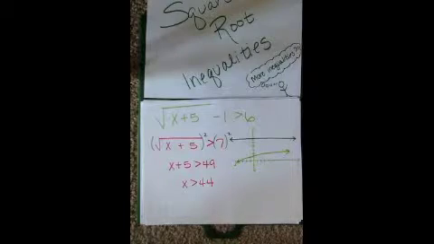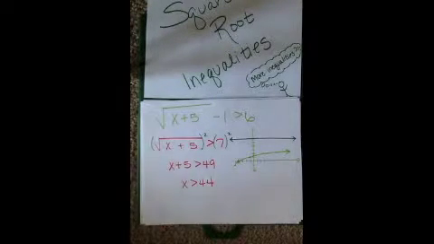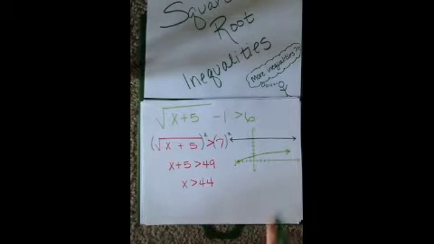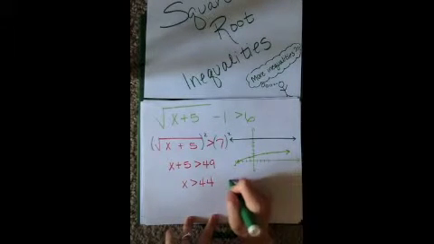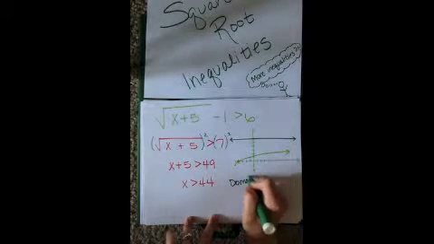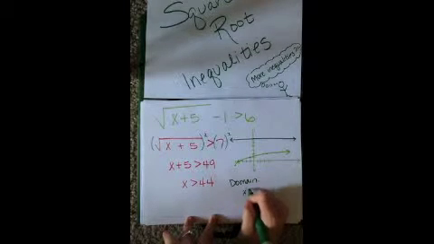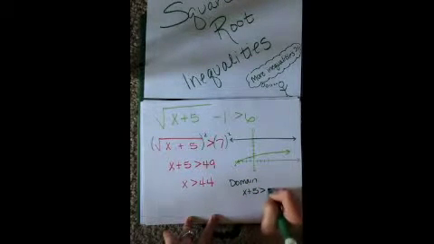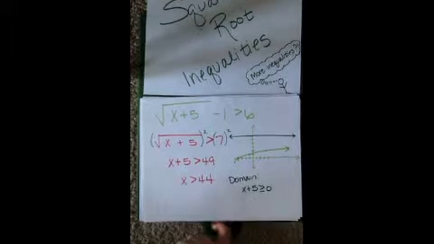So domain is what can x be. So if we think about where x is, it's under the square root. And what do you know about numbers that have to be under the square root? They have to be positive. So that means that if I look at my domain here, I know that x plus 5 has to be greater than or equal to 0.